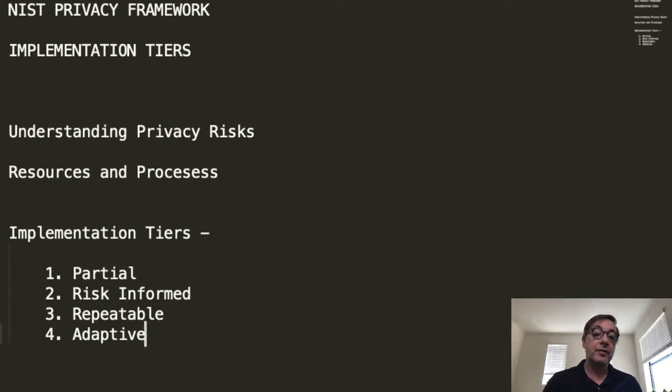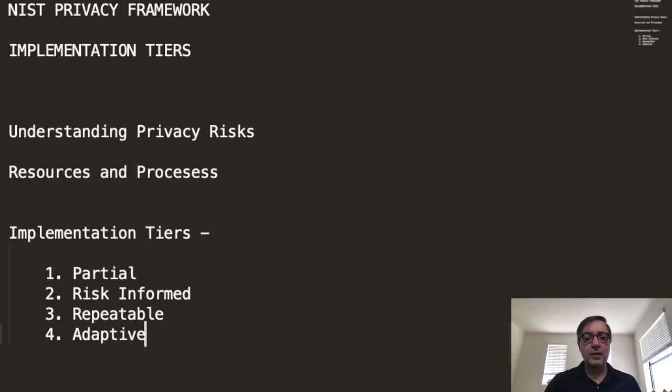So the tiers really reflect an organization's progression from sort of informal reactive responses to approaches that are agile and risk informed. Within each tier, therefore, are elements: privacy risk management processes, integrated privacy risk management programs, data processing ecosystem relationships, and workforce.